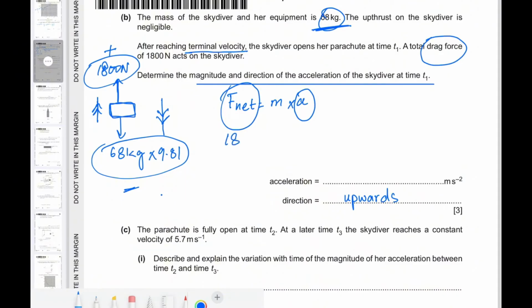So you sum up these forces, which is 1800 minus 68 multiplied by 9.81 to find the net force, and divide that by the value of mass to find acceleration. Which is equal to 17 meters per second squared.